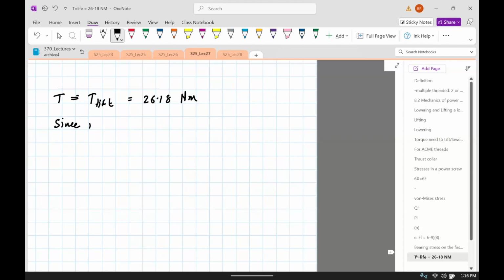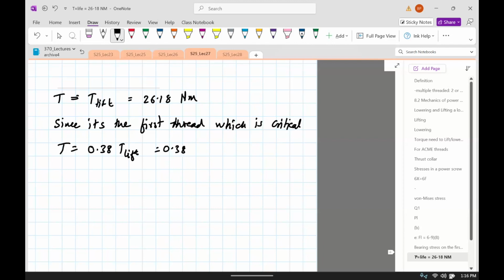Since it's the first thread which is critical, we'll assume that the T is actually 38% of T lift.